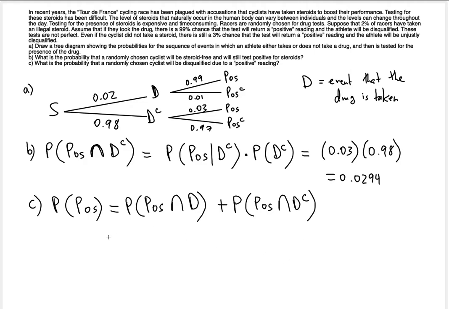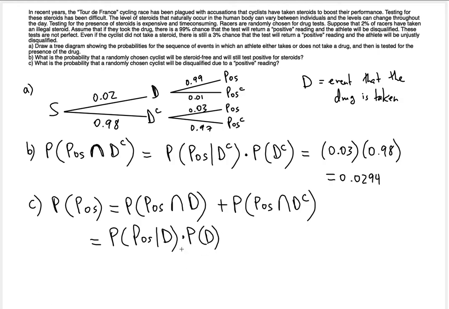All right. Now, as you know, splitting this up into conditional multiplied by the individual is done in the same manner here as we did it here. So basically, we're going to find the probability of positive given that the drug was taken, times the probability of the drug being taken.